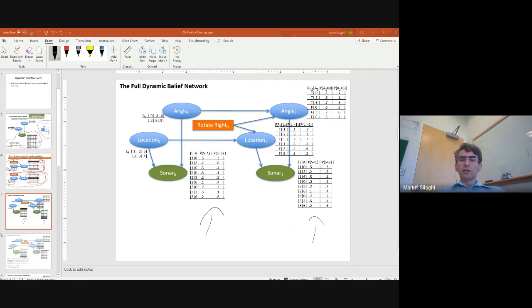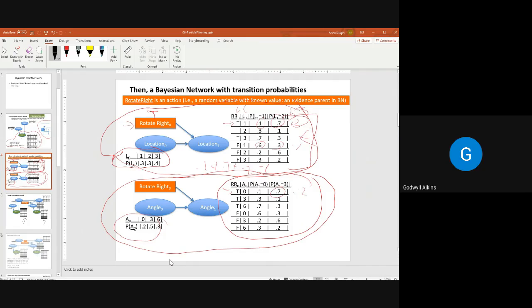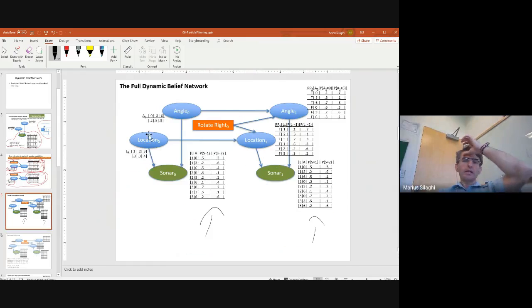So you could build a random variable action, which is composed of all possible ones, or you could simply build a smart Bayesian network here that has all the relations related to your actions, as many as they are. The more sparse your matrix is, the more efficient your computation. Okay, so if you have more actions, you just have an additional rectangle here and the arrows that correspond to it. Is that clear?